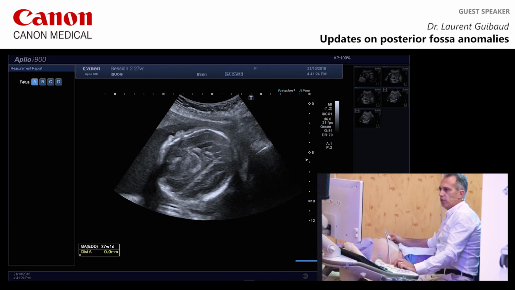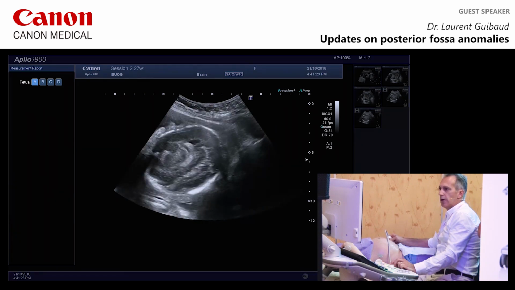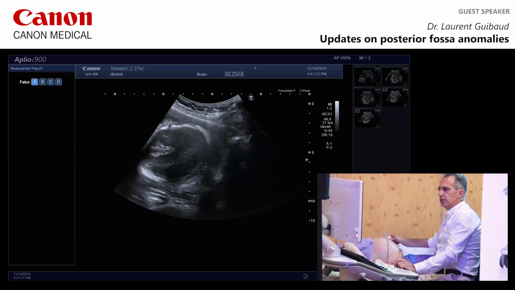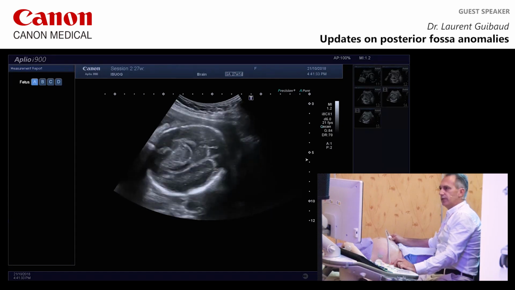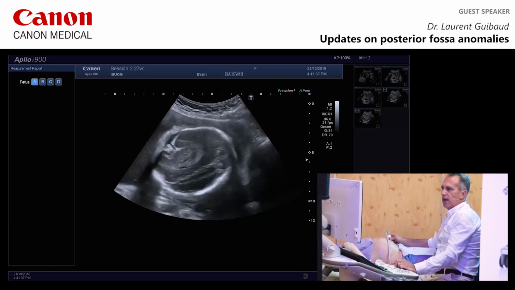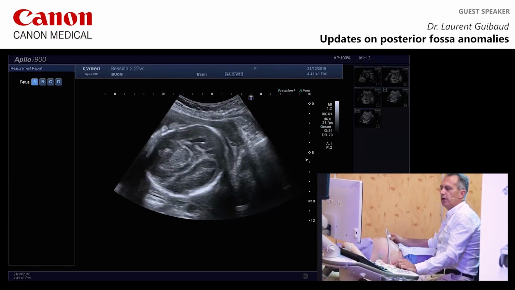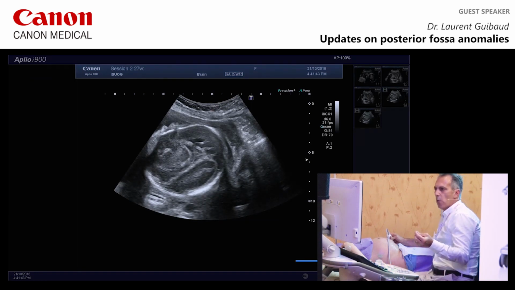We can have a look at calcification when you are dealing with toxoplasmosis or CMV infection. It's very convenient to use this view, or even when you have asymmetric ventriculomegaly and you are looking for some tiny clot within the ventricle. When you do that, you see the lumen of the ventricle.